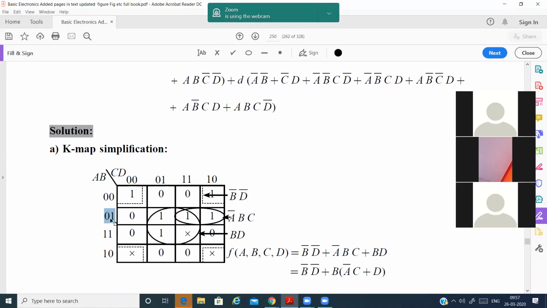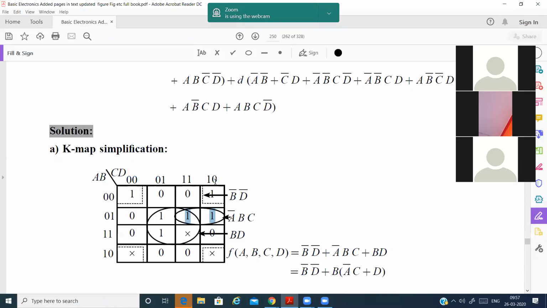That's why we take A bar B, we'll write it directly. But along horizontally, we have two boxes, so two values. In these two, I'll take the common value. Which is common? 1 is common, this 1 and this 1. What is the position? C. So that's why we write A bar B C.